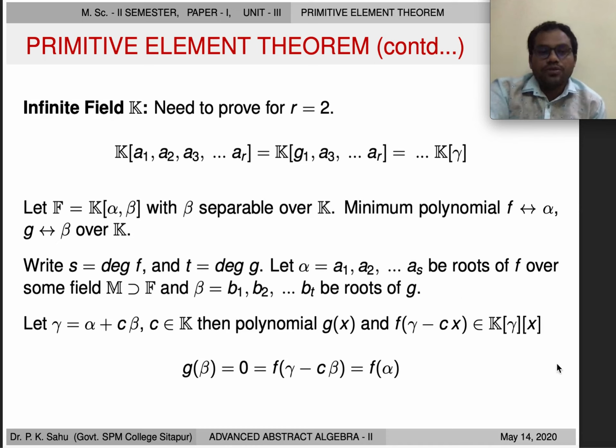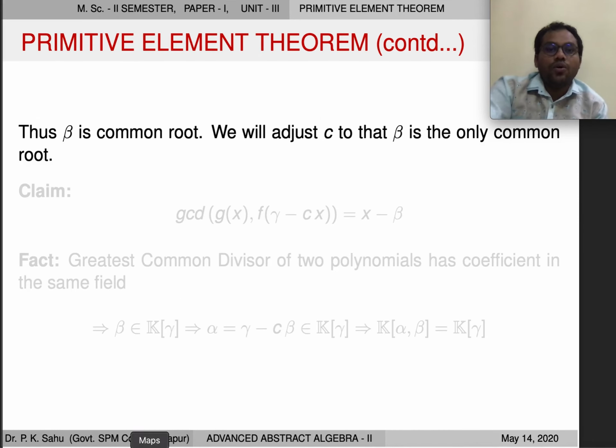From here we notice that beta is a common root of g(x) and f(gamma minus cx). Beta is a common root of both of these polynomials, which belong to gamma adjoined to k. Now we will adjust c so that beta is the only common root of these two polynomials.